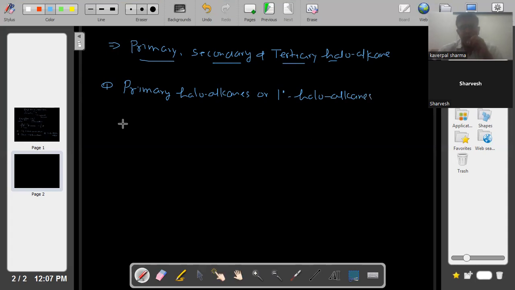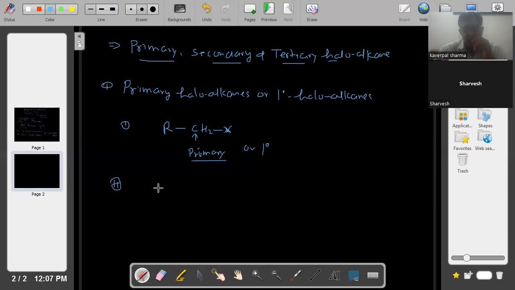Just see here primary. If R, that is an alkyl group, is linked with CH2X, that is called primary. The carbon directly linked with halogen having at least two hydrogens is called primary or 1 degree.